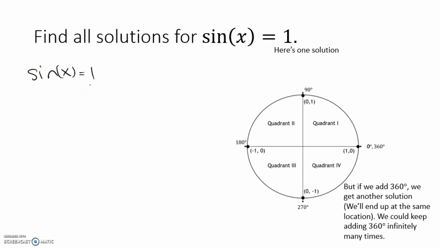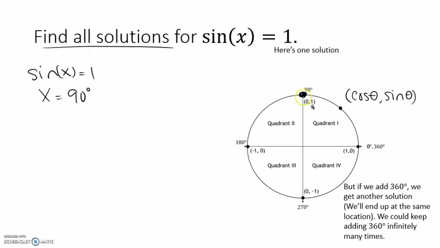Where is sine equal to 1? If you go back to the unit circle, this is always cosine of theta, comma sine of theta. So sine will be the second number. There's a 0, there's a 1, a 0, and a -1. So the only solution is right here, where x is equal to 90. But that's just one solution.